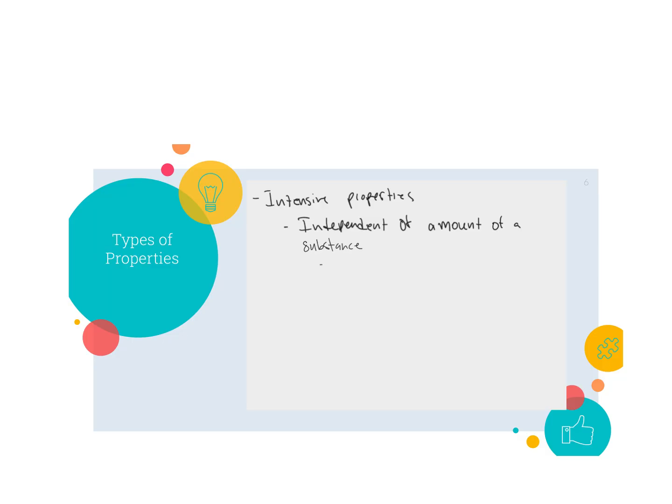These are things like density, boiling point, and color, for example.